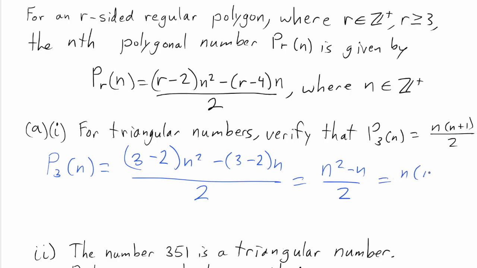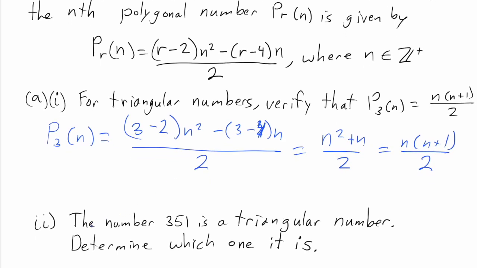So we just factor out the n, and that's it. Actually, I think I made a mistake. That should be a plus right there somehow. Oh yeah, that's a 4, so that should be a negative 1. Negative 1 is positive, so factor that out, and you get this as required.